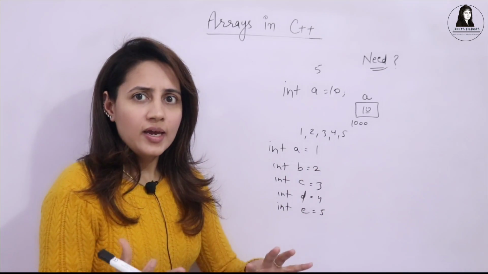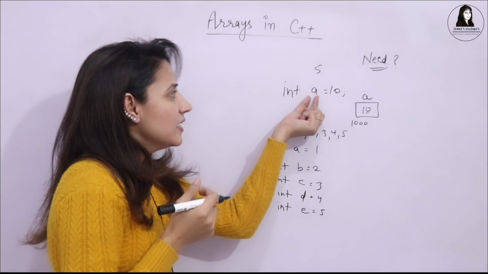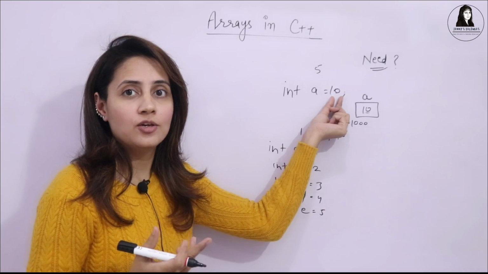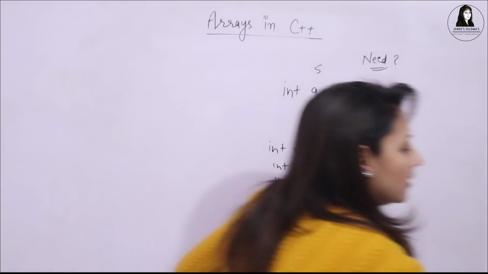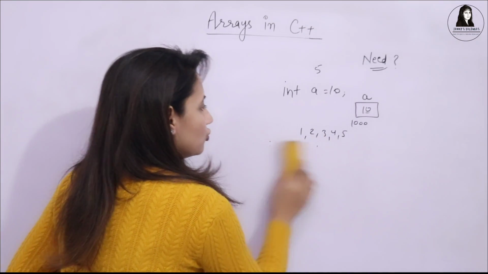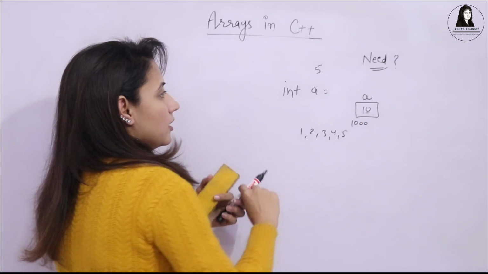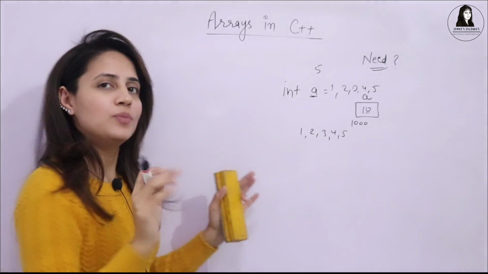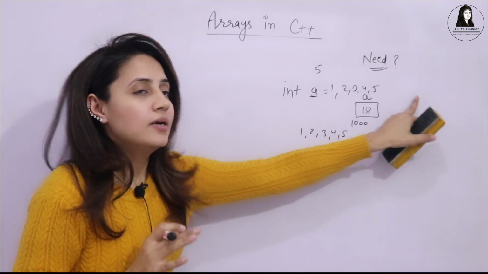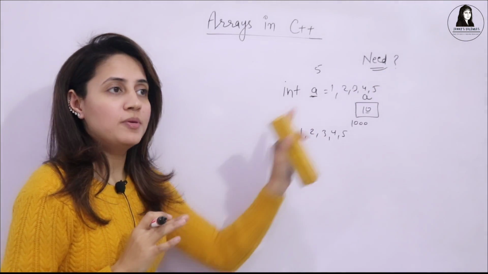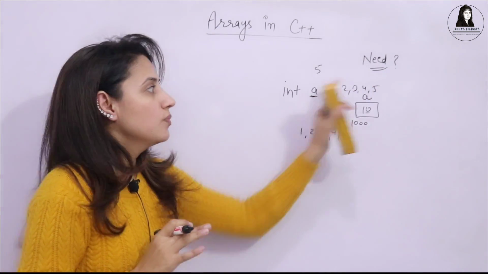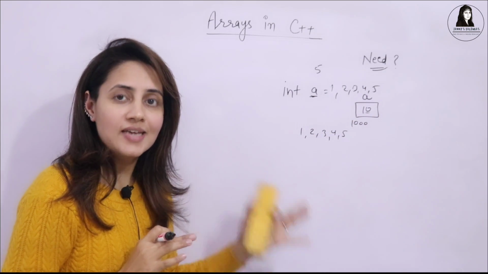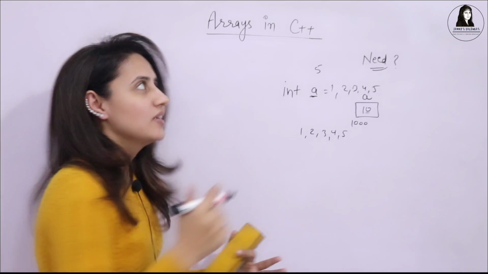So is there any way that under a single variable name we can store more than one value? Like under a single variable name I can store 1, 2, 3, 4, 5, but the variable name would be single only. Or maybe 10 values, or the roll numbers of 60 students, or 1000 customer names or IDs. Yes, it is possible with the help of arrays.